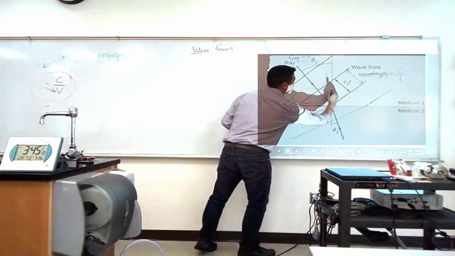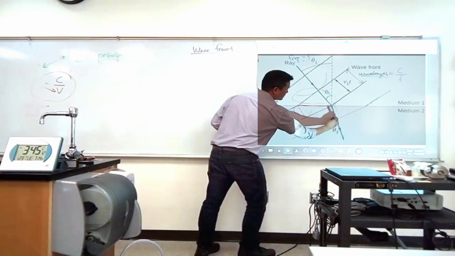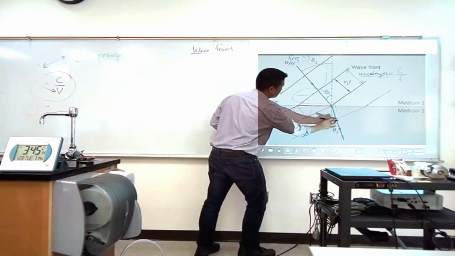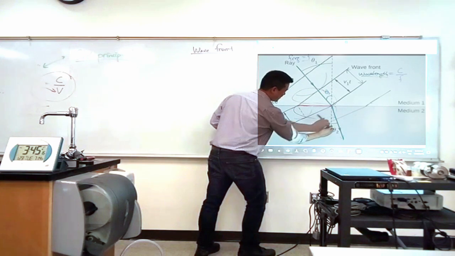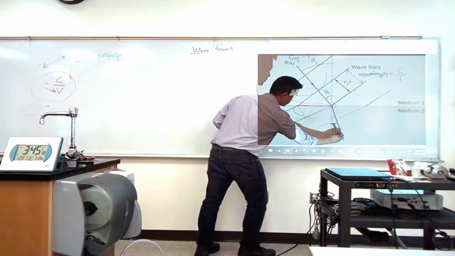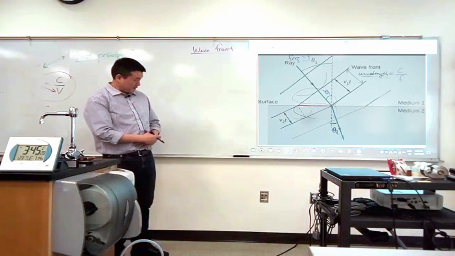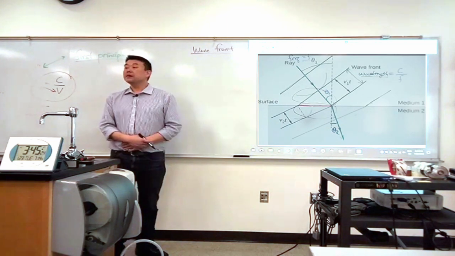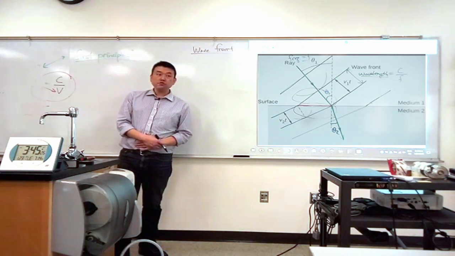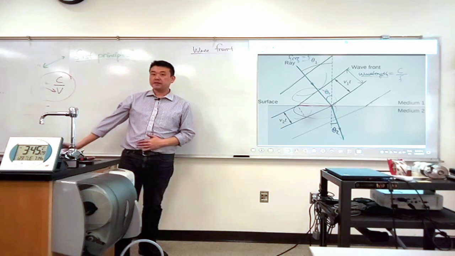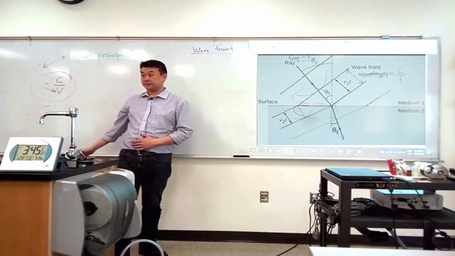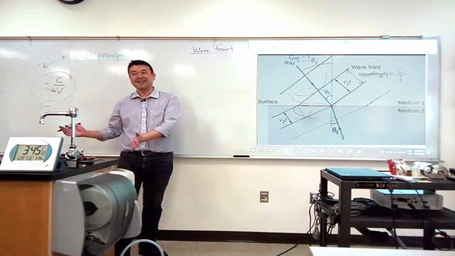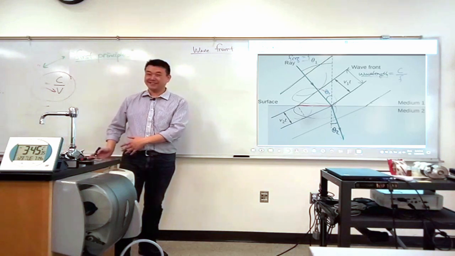So this is the angle theta 1. This is the angle, oh wait, they already labeled it. Why is it so far? Well, this is angle theta 2. I'll use this. All right. So you use geometry more in this class than in any of the other physics classes. We call it geometric optics for a reason.